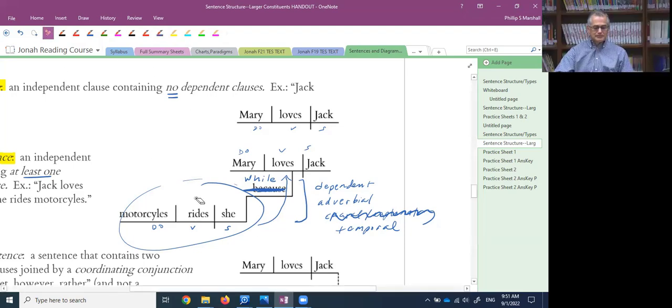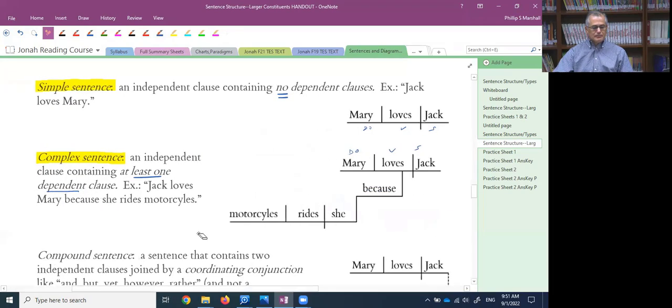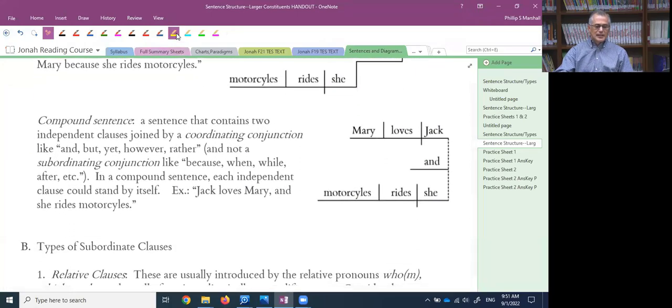Okay, great. Now, compound sentences are sentences that contain two independent clauses, and those independent clauses are joined by a coordinating conjunction. So coordinating conjunctions like and, but, yet, however, rather, but not joined by a subordinating conjunction.